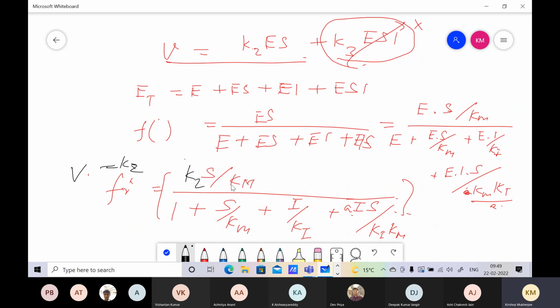You can see very clearly that for competitive inhibition, this part has disappeared. So the competitive inhibition model becomes K2 into S, and I multiply by Km, then I can get Km plus S plus I into Km Ki. Can you see this?